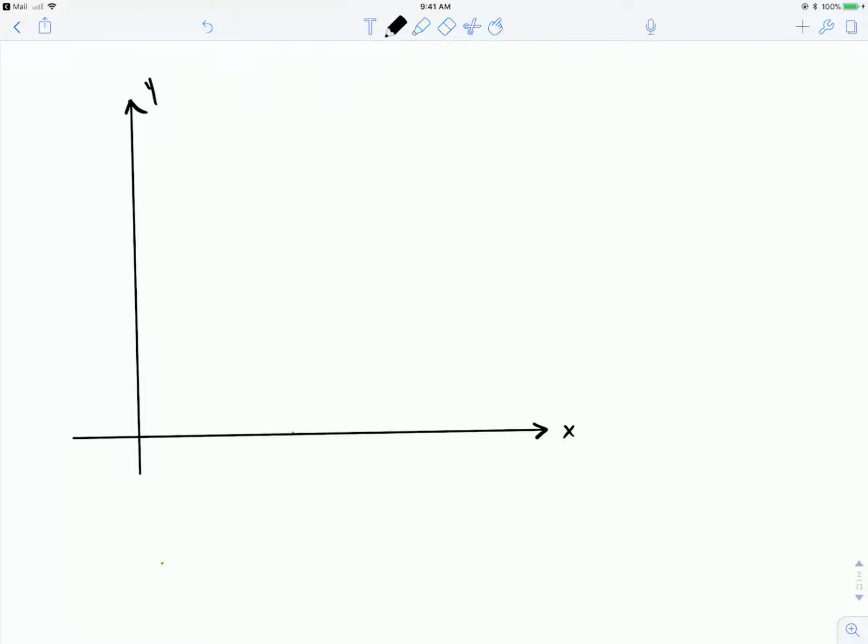Cosine of theta would have been the side adjacent to that angle theta over the hypotenuse. And tangent would have been the side opposite over the side adjacent to that angle theta.